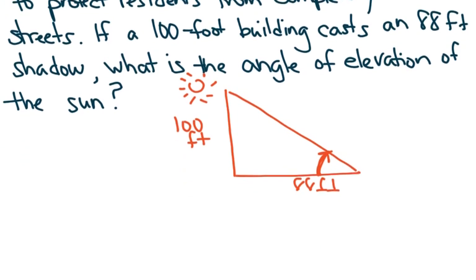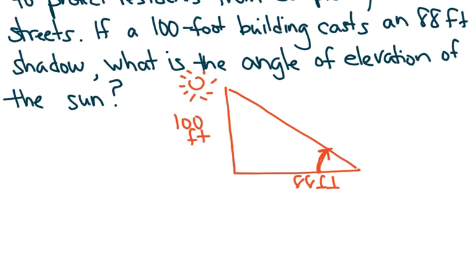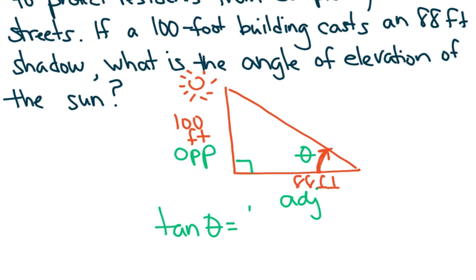So now that I have my triangle and I know what I'm finding, let's look at the two sides they gave me. This is the side opposite my angle, and this is the adjacent. The trig function that uses opposite and adjacent is tangent. So the tangent of theta is 100 over 88.